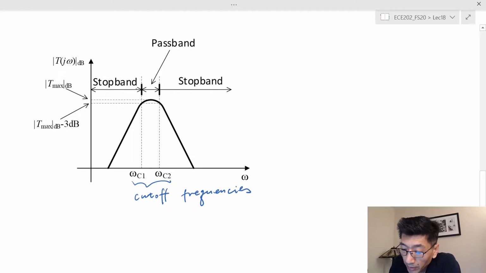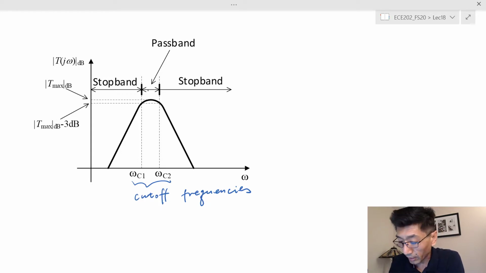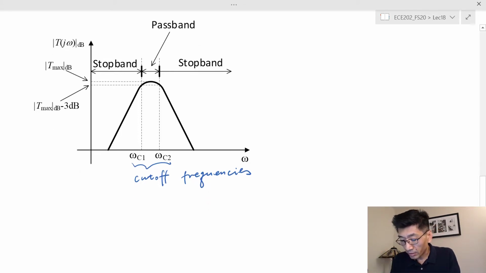The stop band has two frequency ranges: one below the lower cutoff frequency, and the other higher than the high cutoff frequency. There's only a narrow range where you can pass the signal without attenuating it that much. Otherwise, at low frequency, the signal will be shrunk or attenuated.